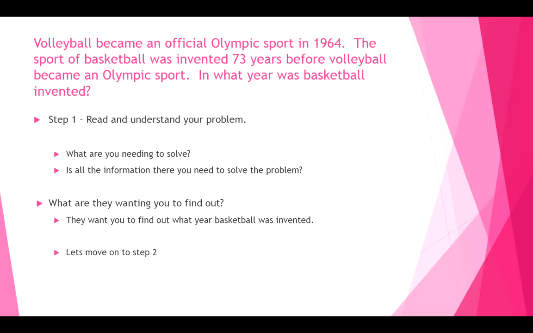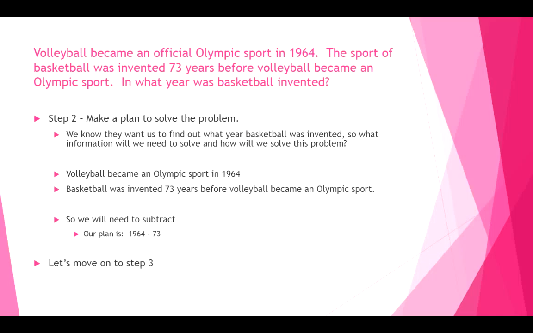Now that we know what they want us to solve, let's move to step 2 so that we can create our plan to solve it. We know they want us to find out what year basketball was invented. So what information do we need to solve, and how will we solve this problem? That is how we are going to develop our plan. We know that volleyball became an Olympic sport in 1964, and we know that basketball was invented 73 years before volleyball became an Olympic sport.